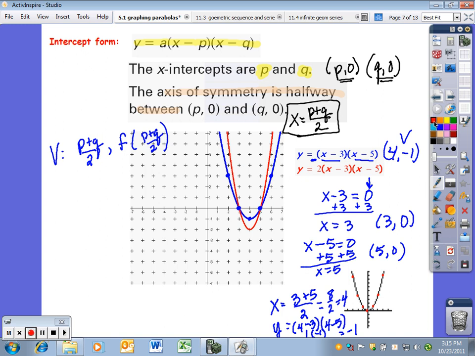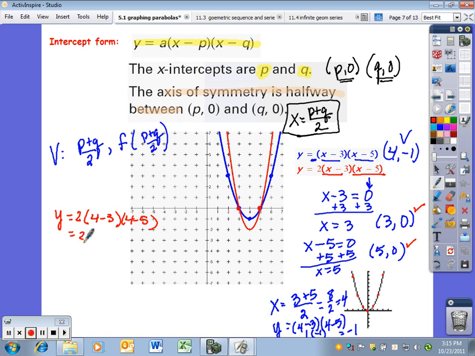Now let's try the red one. Again, my intercepts are from x minus 3 and x minus 5. So will I have these very same intercepts? Yes, (3, 0), (5, 0). But now, when I plug that into my equation, I get y equals 2 times 4 minus 3 times 4 minus 5.